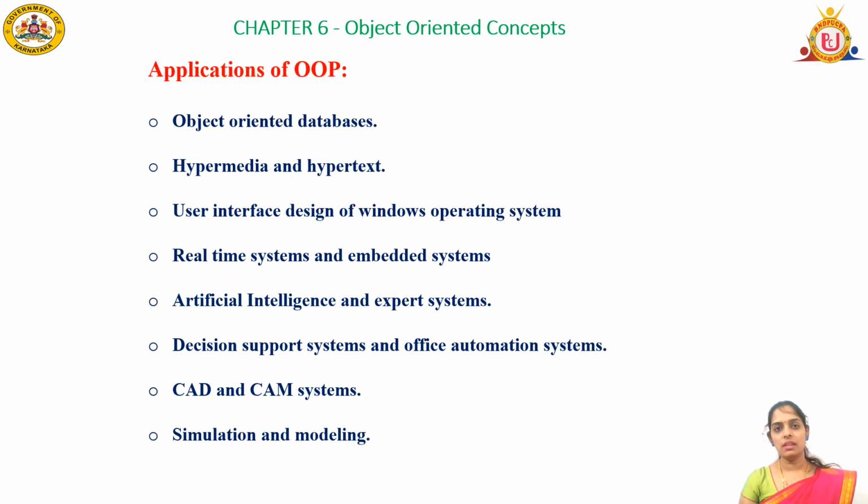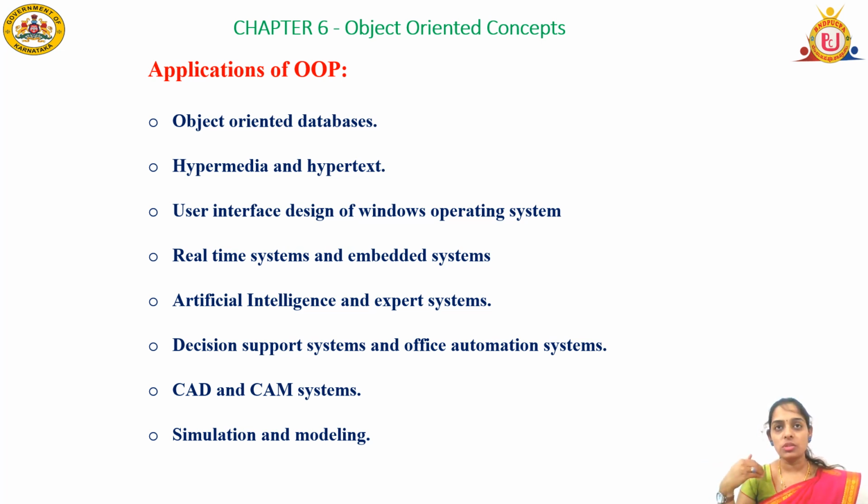Now that we have seen the advantages and disadvantages of OOP, let's see the last one, which is OOP applications. The first one is the object-oriented database. As we know, a database is a collection of related information.